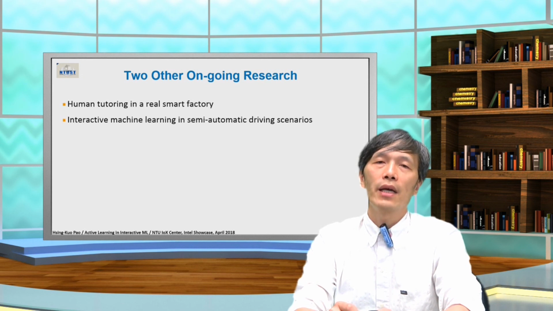The second one is that we want to deploy an interactive machine learning scenario in semi-automatic driving, such that when we are driving, the system or machine can tell us where we can put more focus in different situations.